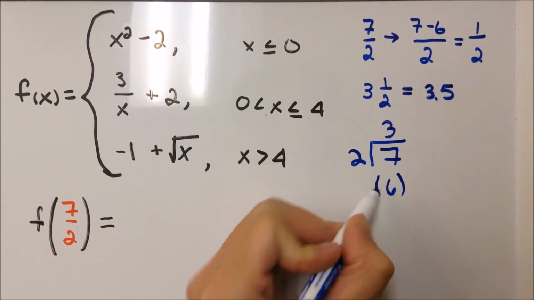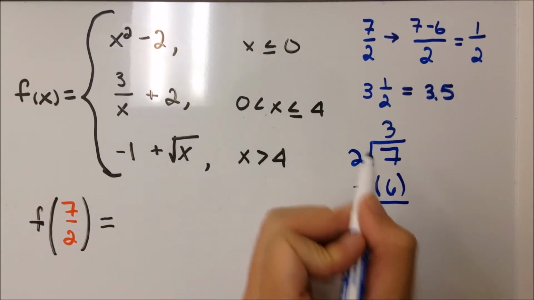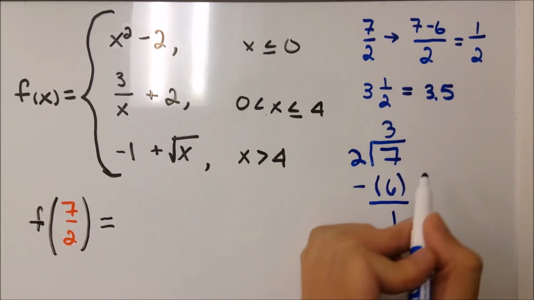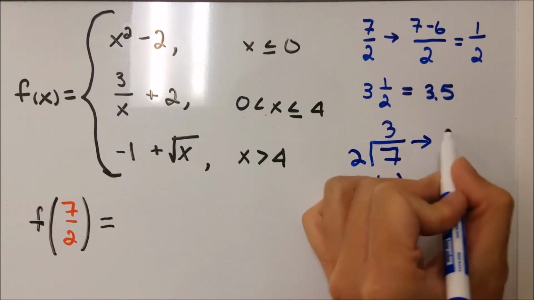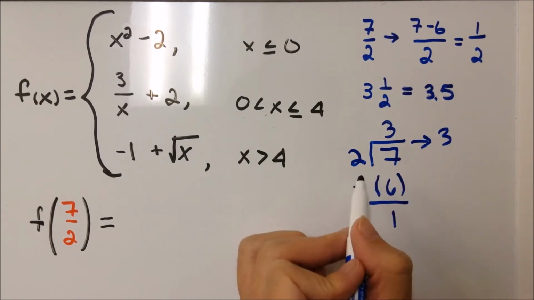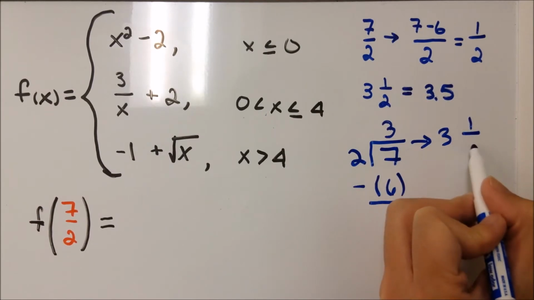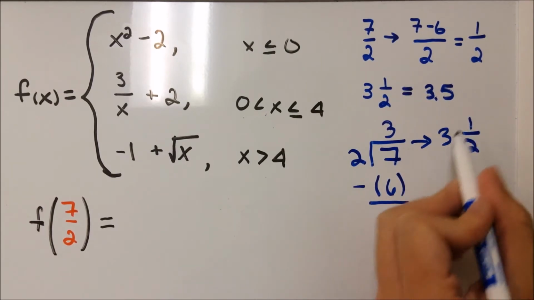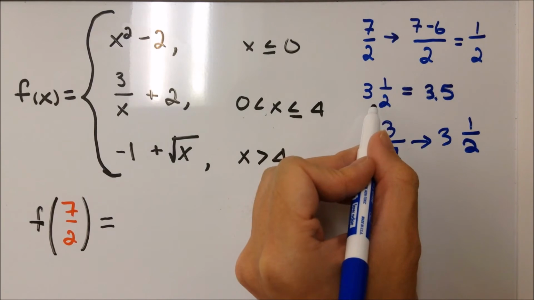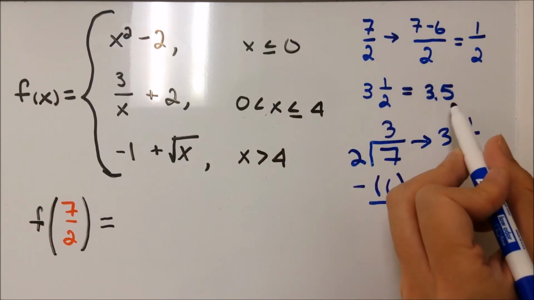I'm going to put this in parentheses and subtract. I'm left with 1. So I have 3 whole numbers with a remainder of 1 over the denominator. So 3 and 1 half, which is what we have right here, also known as 3.5.